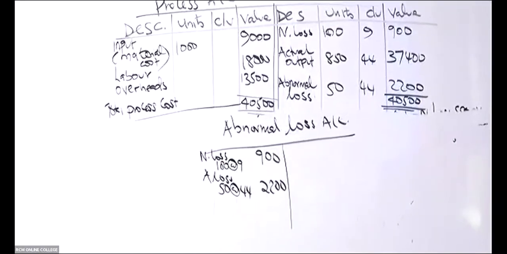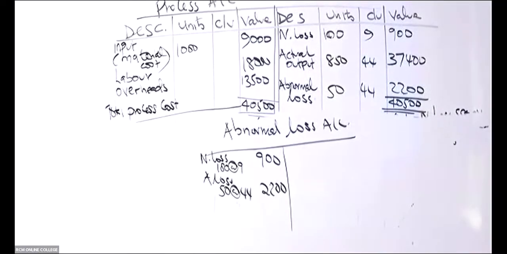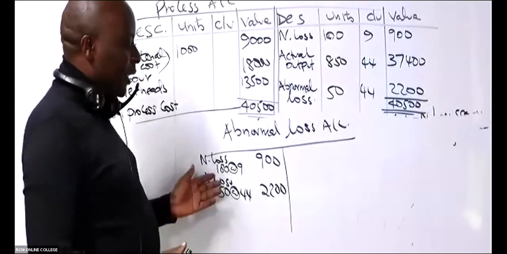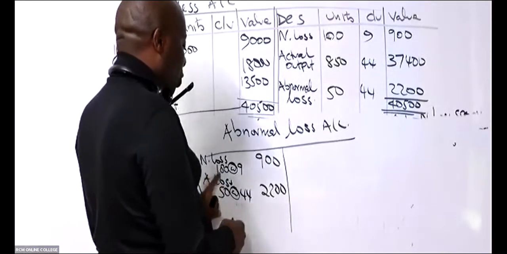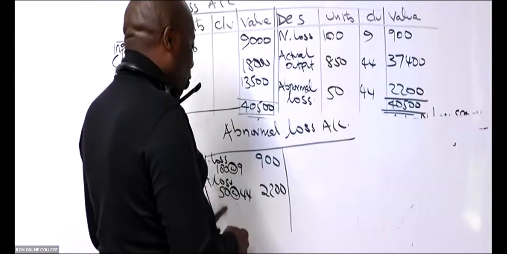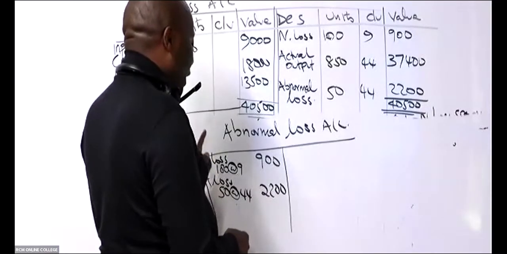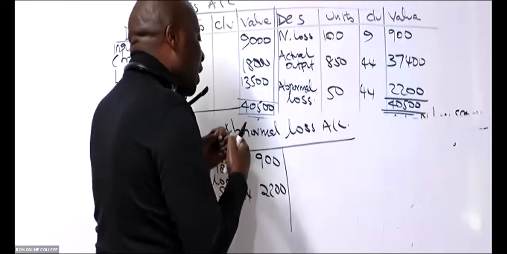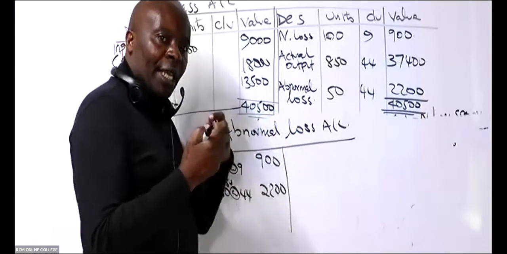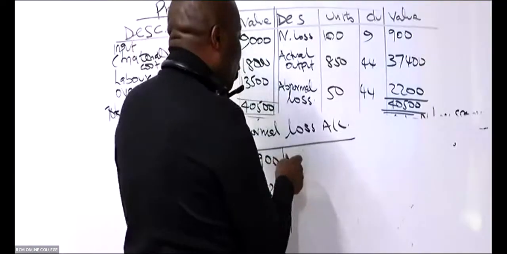Now, ladies and gentlemen, please listen. How many units now do we have representing the loss? Total loss will be 150. So these total loss units, we shall scrap them. We sell them and we receive money through the bank.